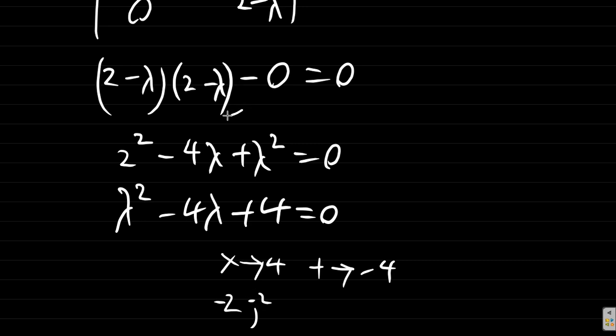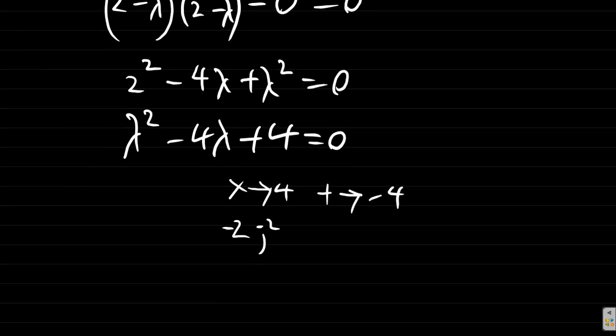We could have worked it out from up here. It was factorized already. But we had expanded it a bit too early. But anyway, if we use the AC method on it, we should get back 2 minus lambda, 2 minus lambda.